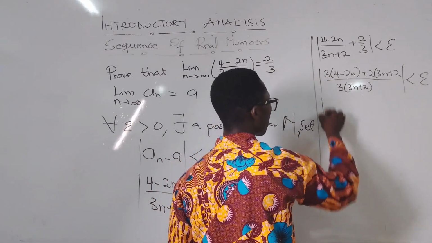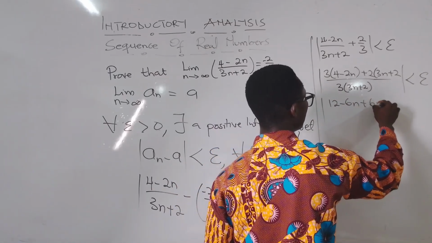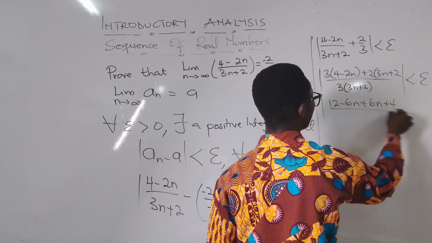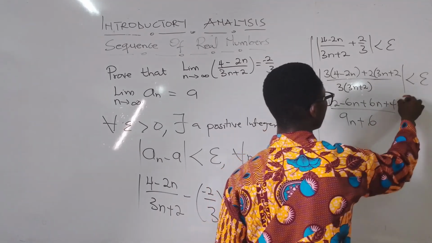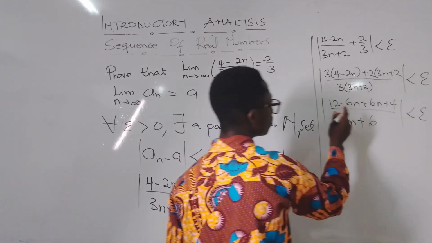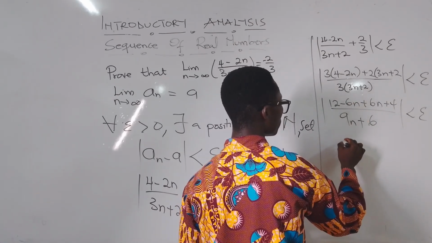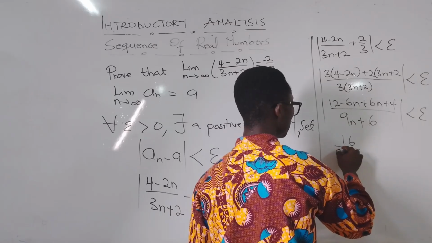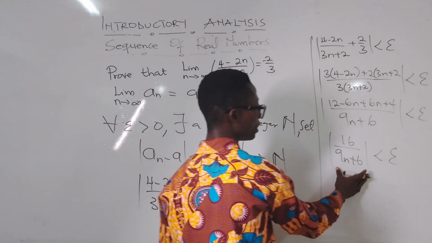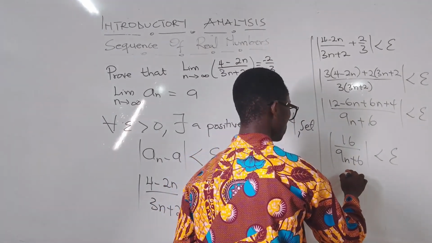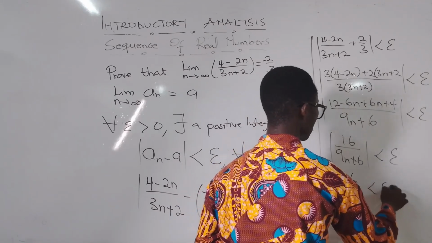At the top here, I am going to have 12 minus 6n plus 6n plus 4, over 9n plus 6, should be less than epsilon. So 6n minus 6n will go away, and I'm going to have 16 over 9n plus 6, which is less than epsilon.